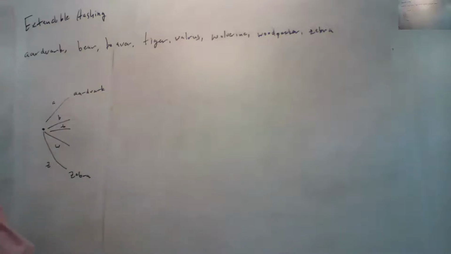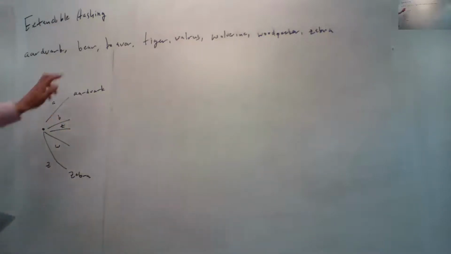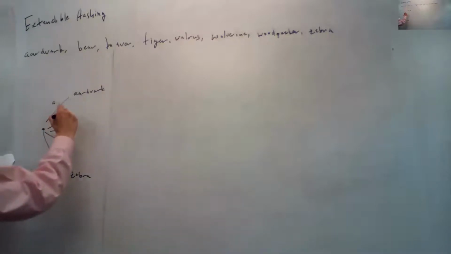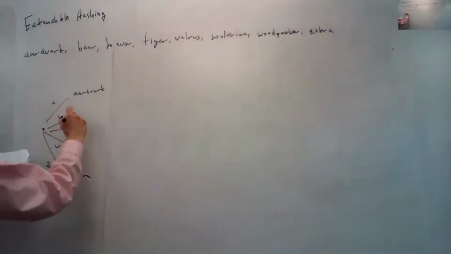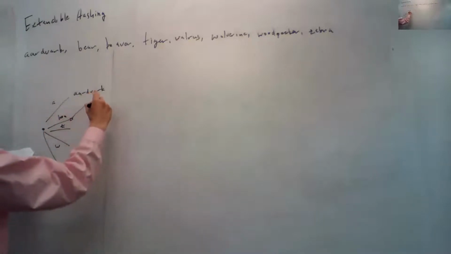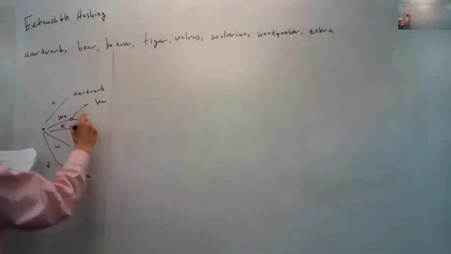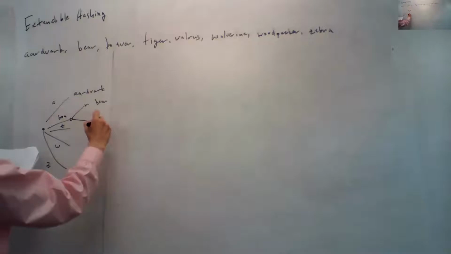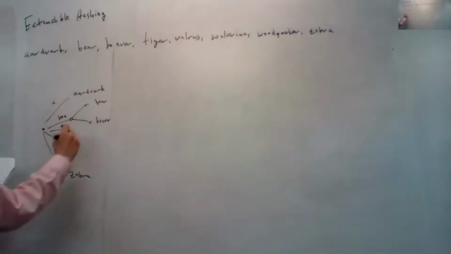And so the thing to recognize about this is that BEA is common to both of these. So the split comes at the fourth letter, which would be R for bear and V for beaver. Okay? And so T, there's only tiger.